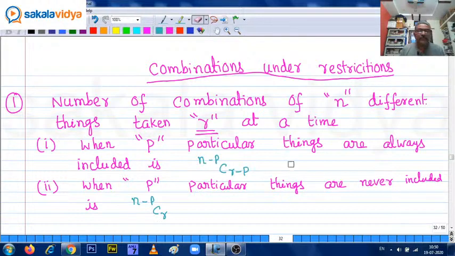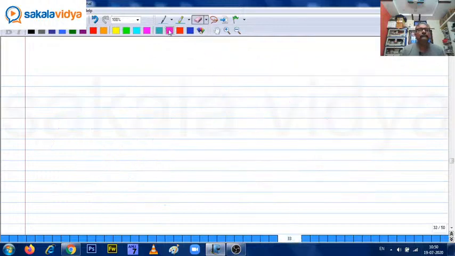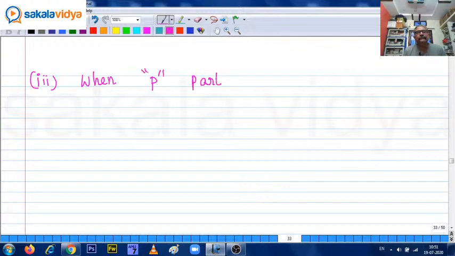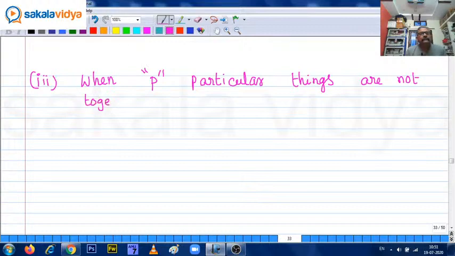Next, third point. When P particular things are not together in the selections, it means without restriction minus with restriction.